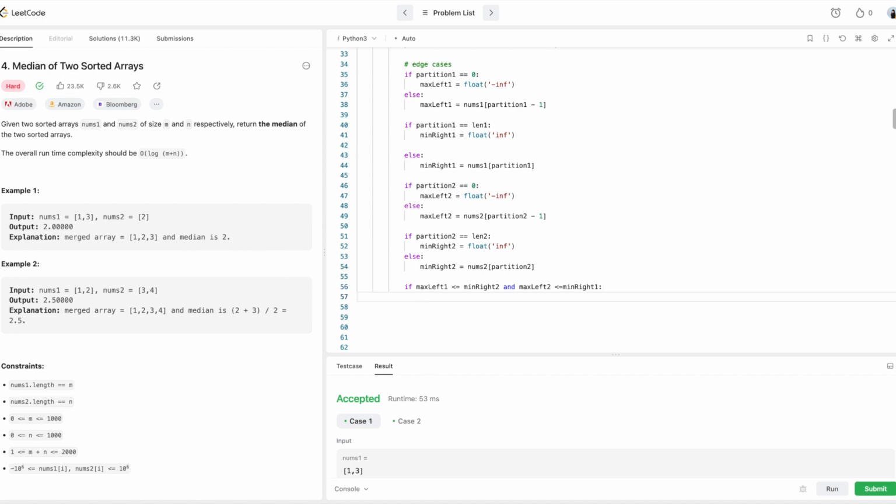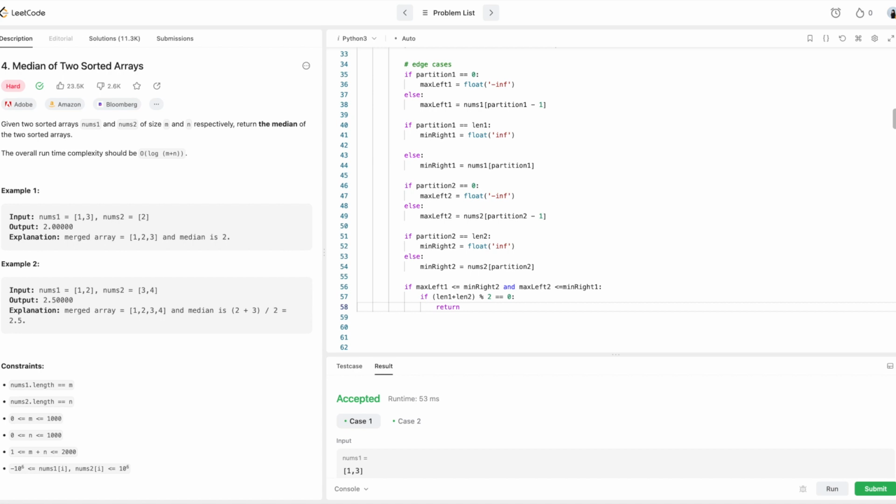And that means we found the correct partition. And we check if it's odd or even. If length 1 plus length 2 modulus 2, so the total length divided by 2, has no remainder, then it means it's even.